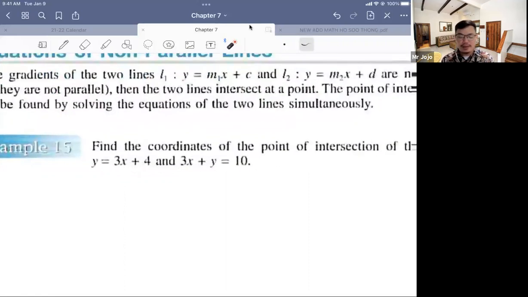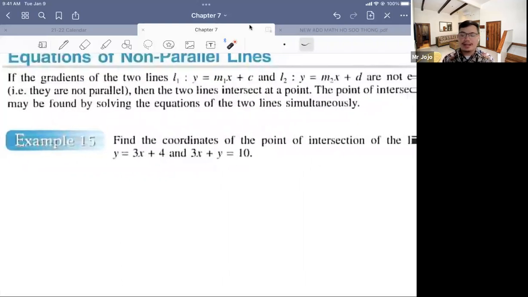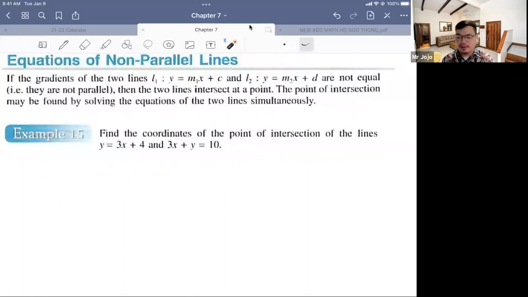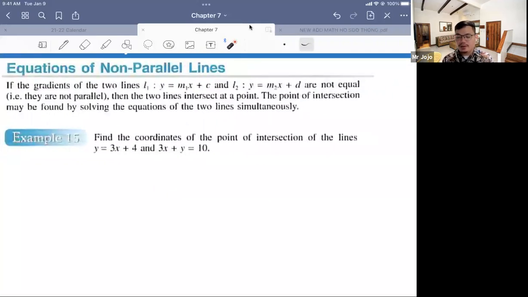For example number 15, take note, this is my last example for today. I only have one example for this because you already have learned this. How do you find the coordinates of the point of intersection of the lines y equals 3x plus 4 and 3x plus y equals 10? You can only solve this by solving them simultaneously, either by elimination or substitution.